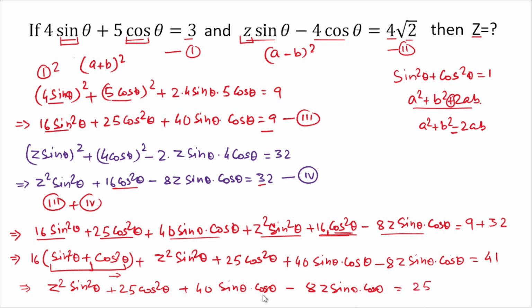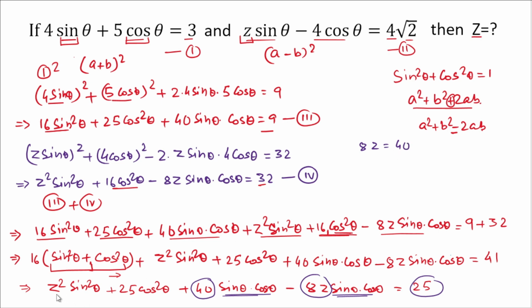So friends, what will our next step be? This is the main thing to understand. Here we have sine theta and cos theta terms, and on the right hand side we have 25. For cancelling these two terms, 40 and 8z should be equal, so 8z should be 40.